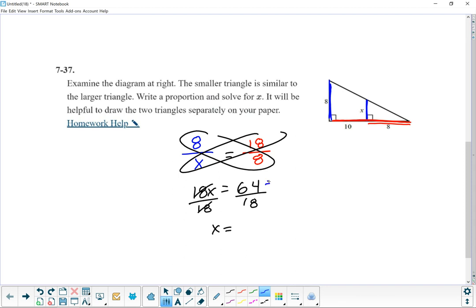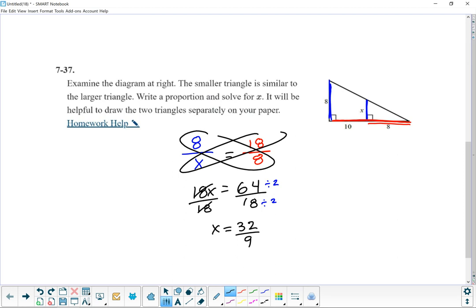So I'm going to divide this one and this one. Let's divide it by 2 first. So 64 divided by 2 is 32. 18 divided by 2 is 9. And that's about all. I can't divide 32 and 9. I can't reduce it anymore.